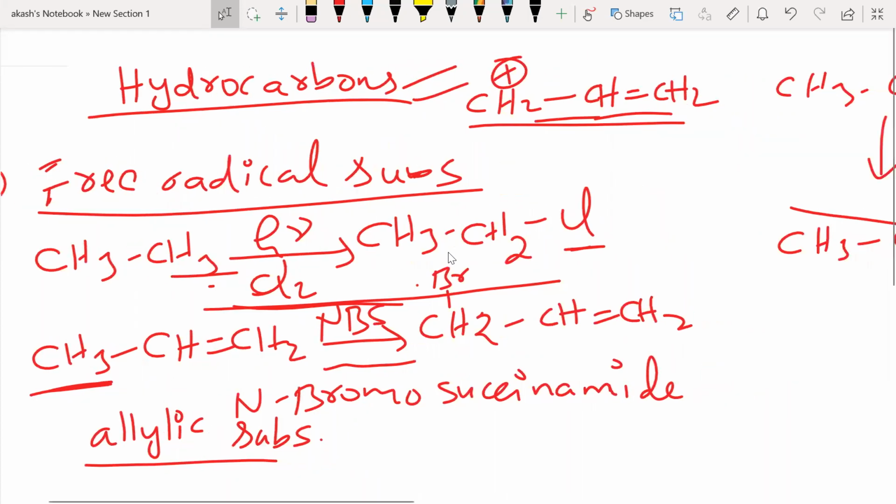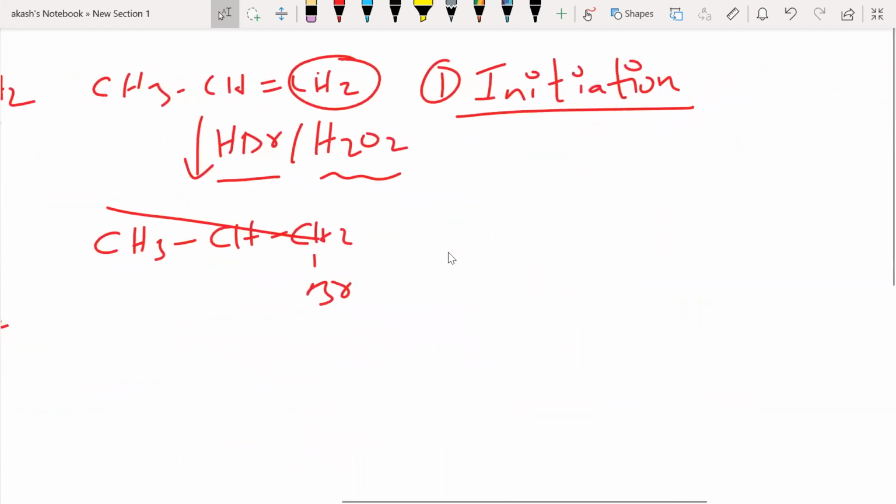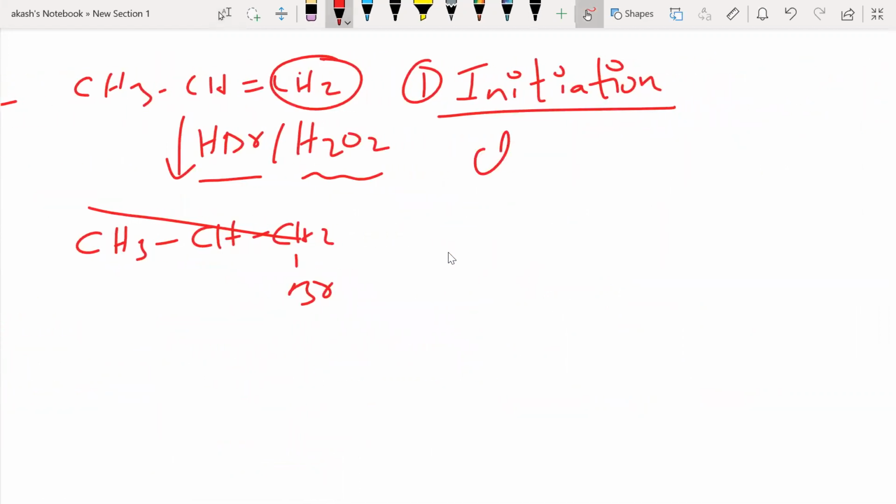That's what is going to happen. In the initiation step, I'm going to have the light coming, and that is going to produce two chlorine dots, two chlorine radicals. Okay, right. Now that's the first step.